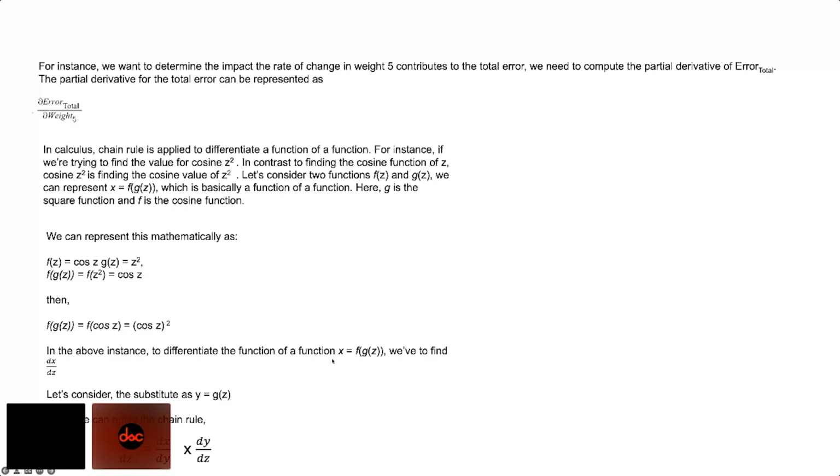Because we want to find dx by dz, we consider the substitute y as g of z, and then we can apply the chain rule with it. If you want to understand the basics of calculus, which is very critical for working on neural networks, and linear algebra, also critical for understanding and implementation, there are separate chapters allocated in the book going through the basics of linear algebra and calculus, so that you are equipped and ready before you start going through a neural network architecture, and later implement backprop or a forward pass through Python, PyTorch or TensorFlow.